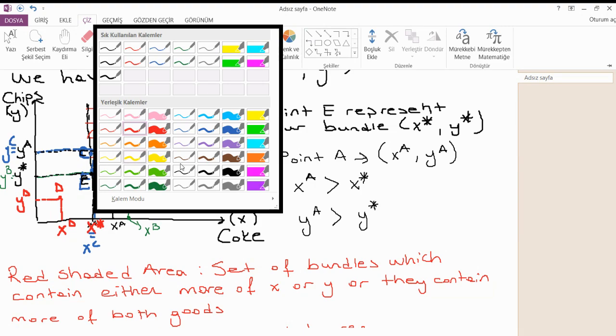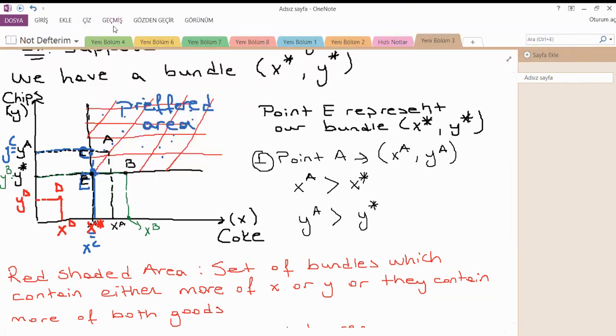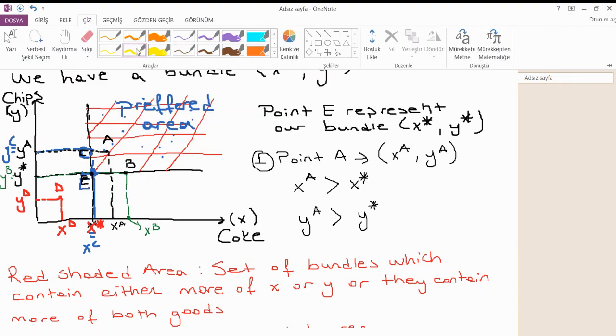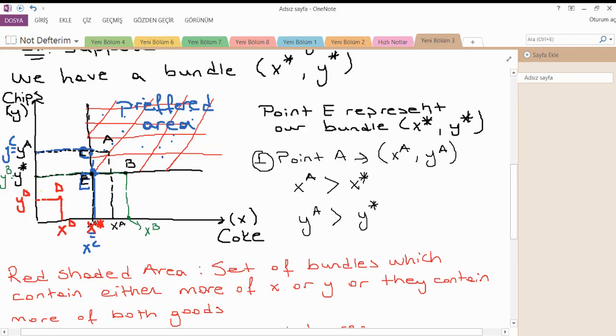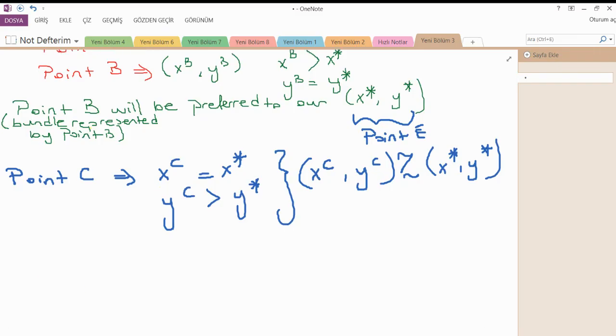Let's make it yellow, okay. So every point here on this area is worse than our first bundle.